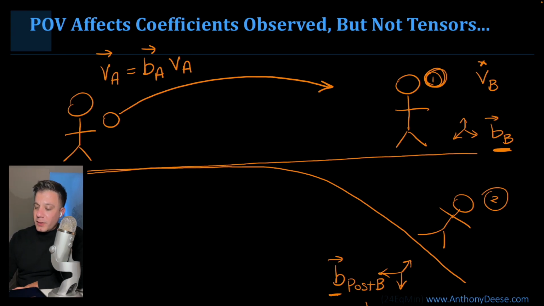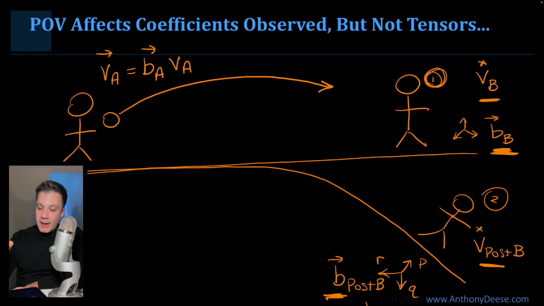Observer number 2 is going to observe something that I'm going to call V post B, no arrow hat again. And that's its movement through what we previously called the P, Q, and R directions. So the two observers, they have different basis sets, different referential directions, different axes. And as such, they observe different movements, okay, through their respective directions.